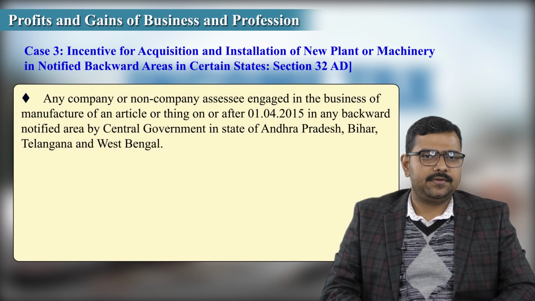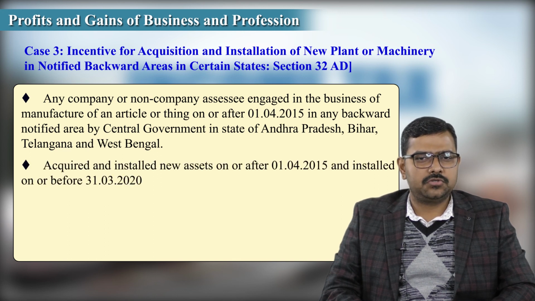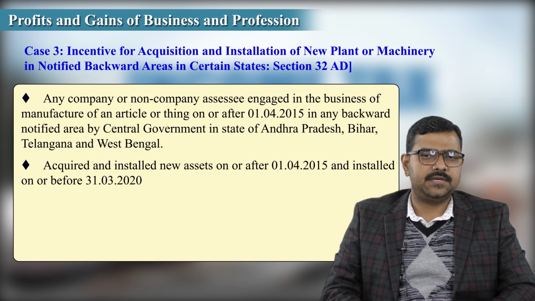Conditions to be fulfilled: condition A, any company or non-company assessee engaged in the business of manufacture of an article or thing, after 1st April 2015, in any backward area notified by the central government in the states of Andhra Pradesh, Bihar, Telangana and West Bengal, acquires and installs new assets on or after 1st April 2015 and installed on or before 31st March 2020.